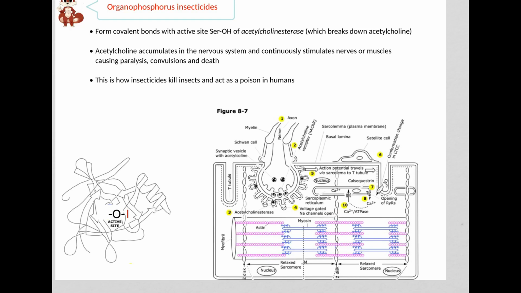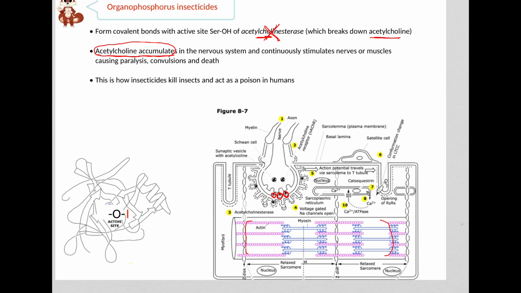This enzyme acetylcholine esterase breaks down acetylcholine, and by doing that it makes certain that acetylcholine does not accumulate at the neuromuscular junction. If this enzyme is inhibited, if it doesn't work anymore, then the acetylcholine will accumulate at the neuromuscular junction and continuously be bound to the receptor, and that means the muscle will be contracted.